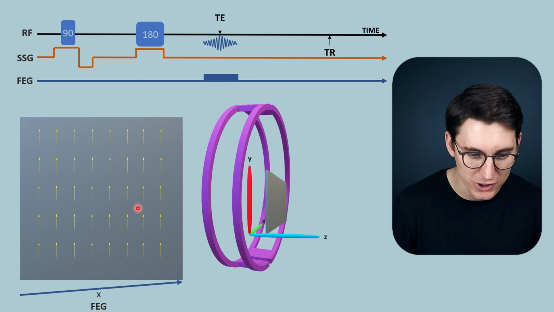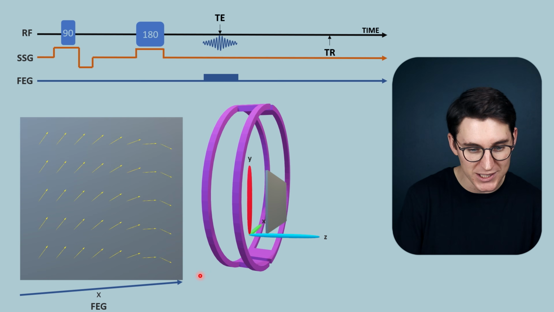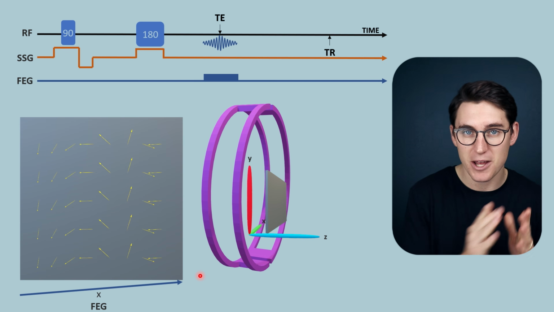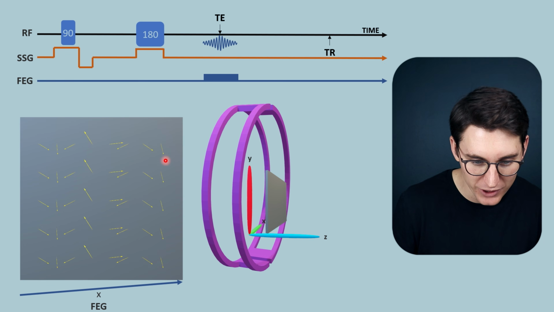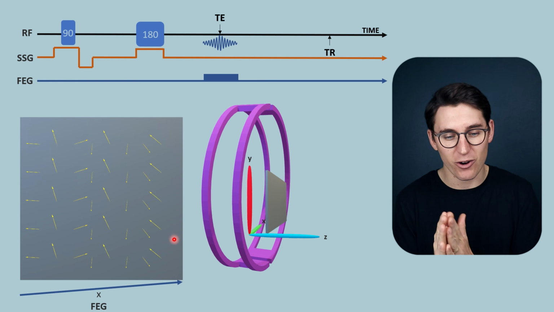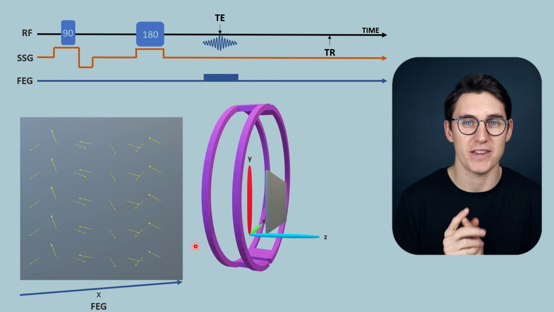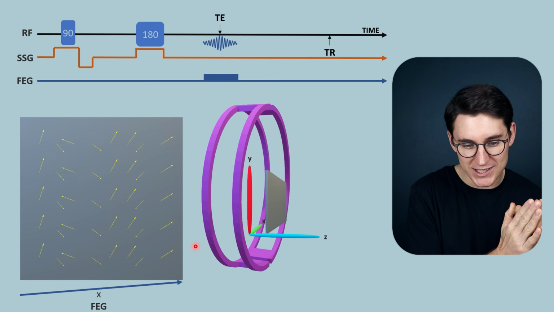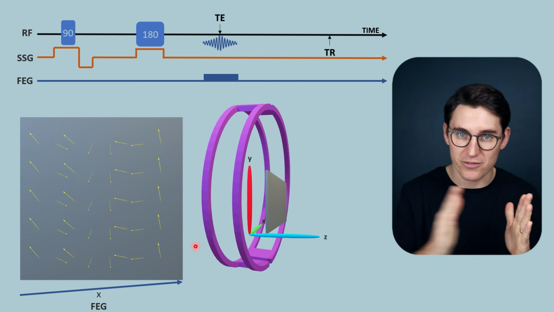Now look what happens when we apply a magnetic field gradient to this slice. The frequency of those spins differs depending on the x-axis location. And because the frequency differs, we can now figure out where signal is coming from based on the frequency of that signal. Now you can see that that magnetic field strength in this example is getting stronger from left to right.